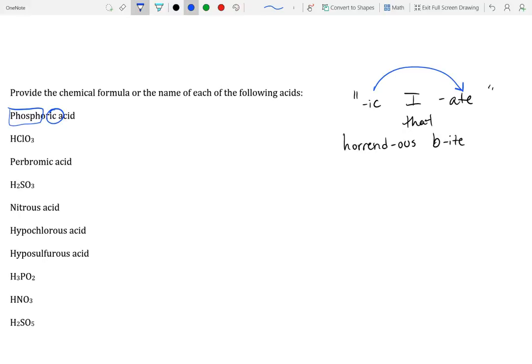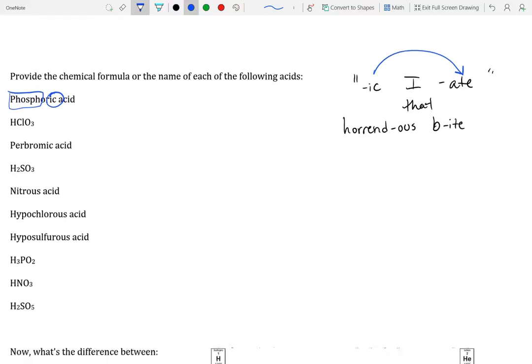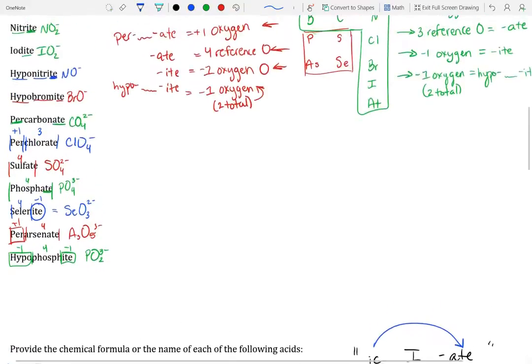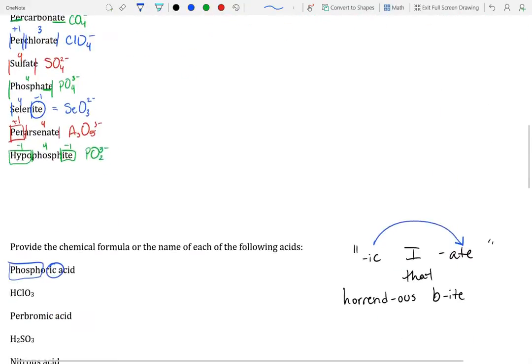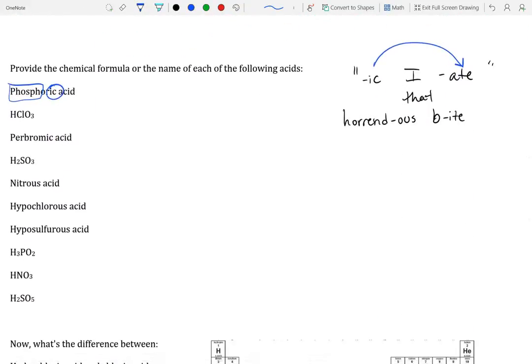So phosphate, and we remember from before that phosphate is inside the box. Let me go draw that box down here again so I don't have to drag it down. Let's draw it in green again. So boron, carbon, nitrogen, chlorine, bromine, iodine, astatine, and let's draw this in red again.